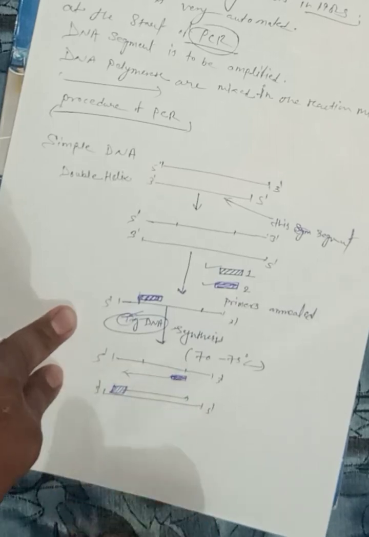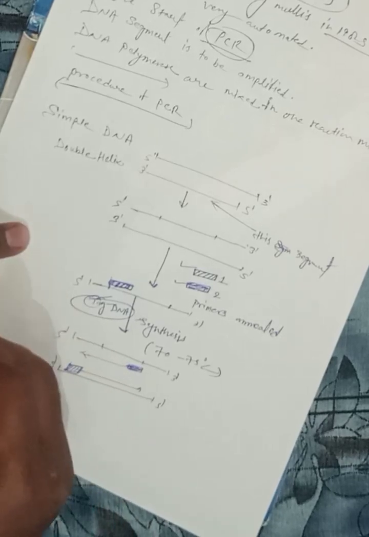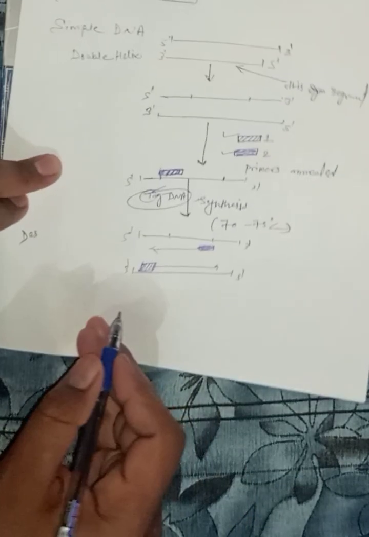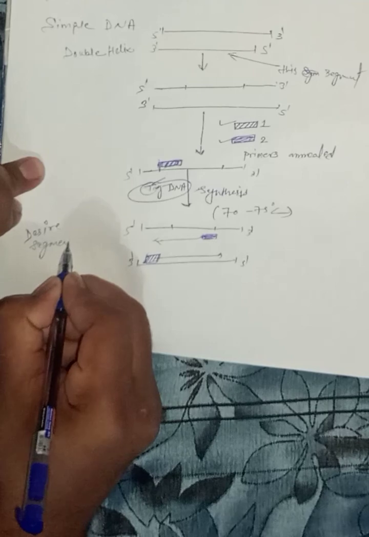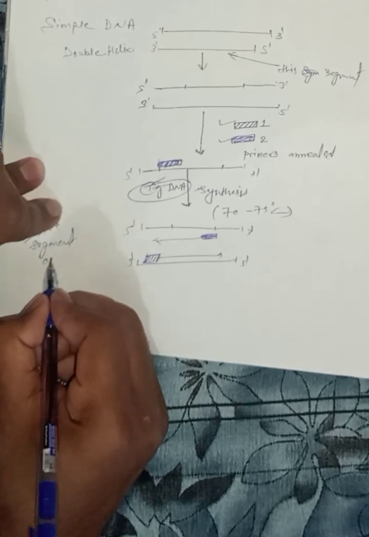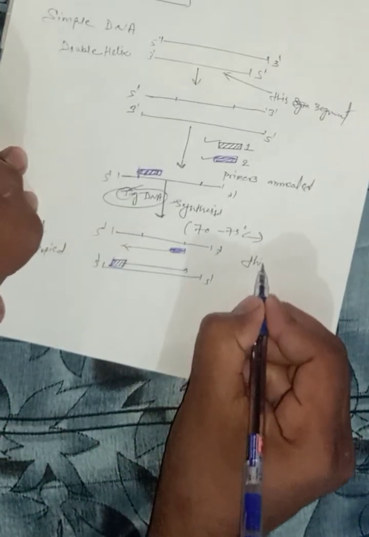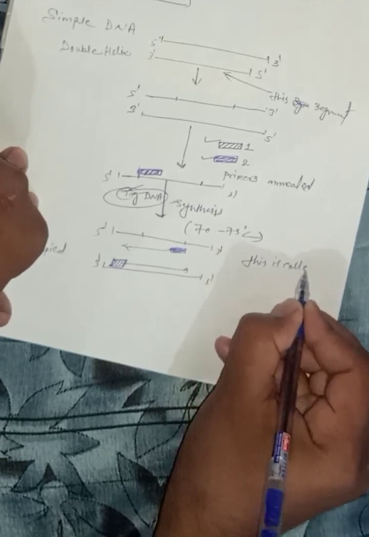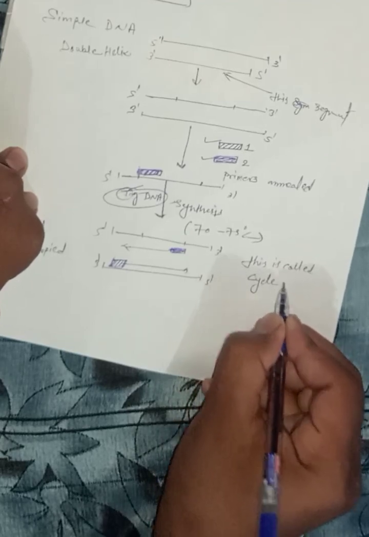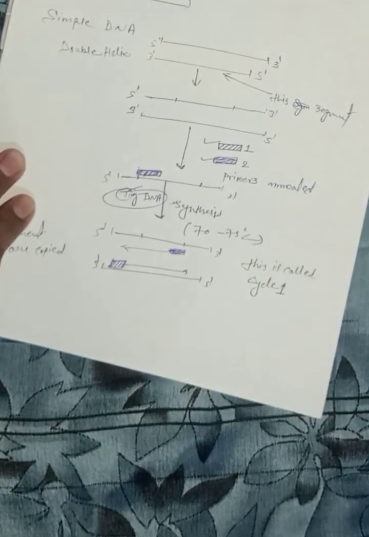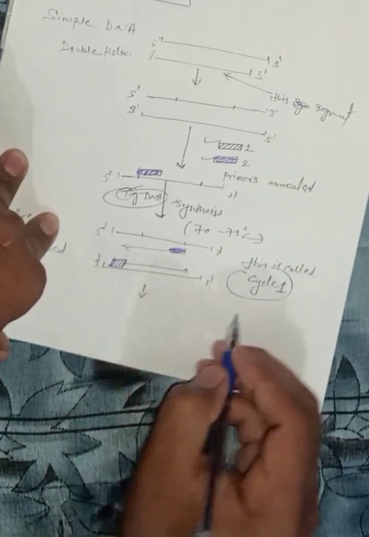This is called the desired segment. The desired segment is copied, and this is called the first cycle. Then the second cycle begins.